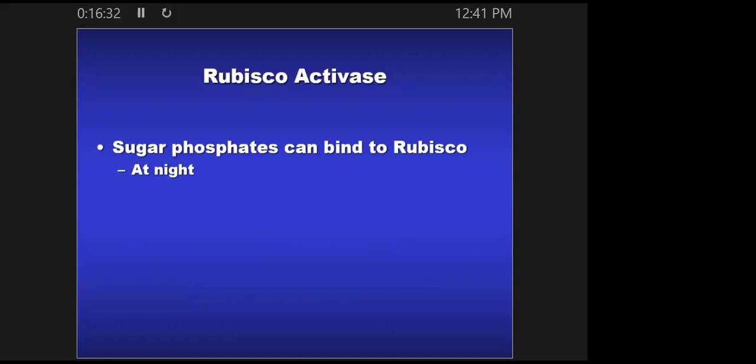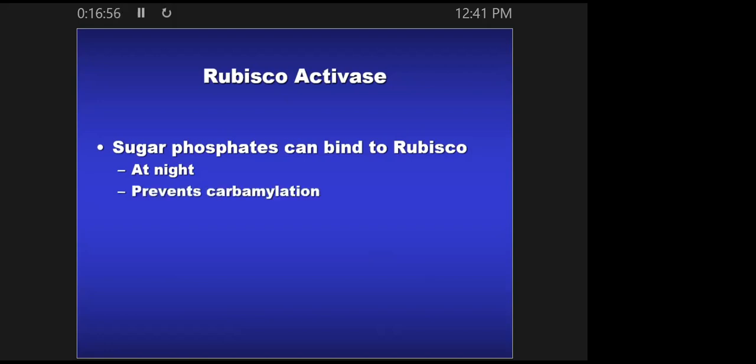I often think of it as a blanket of sugar phosphates covering Rubisco so it can take a nap during the night. So that's what makes Rubisco go quiet during the night. But as soon as the sun rises, you want Rubisco to take the blanket off, right?